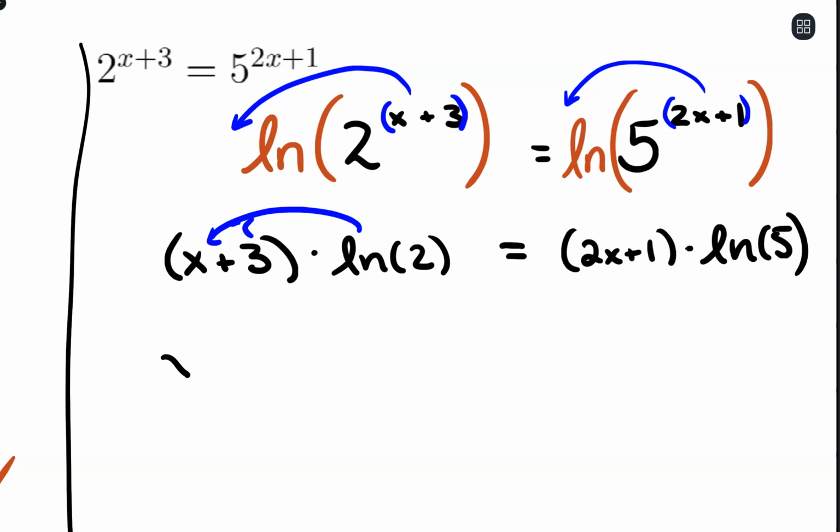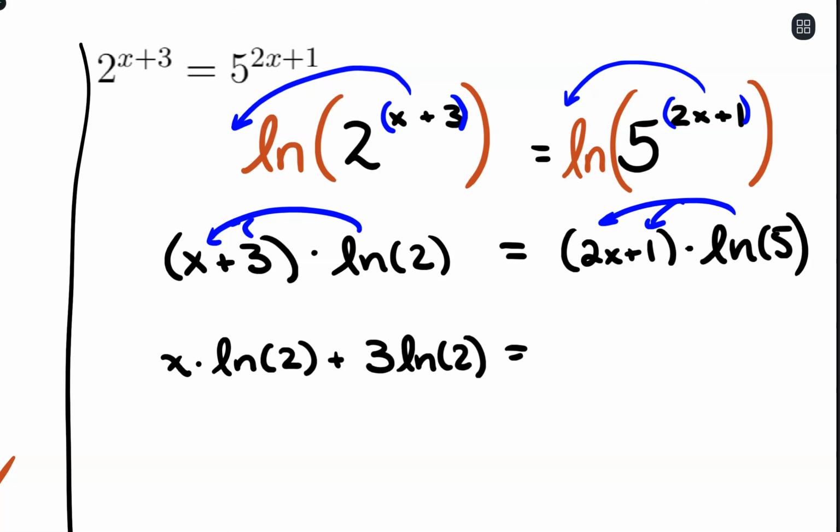So I'm going to have x times natural log of 2 plus 3 times natural log of 2. And then on the right-hand side, I'm going to do the same thing with the natural log of 5 by distributing that in. So we're going to have 2 times natural log of 5 times x plus 1 times natural log of 5.